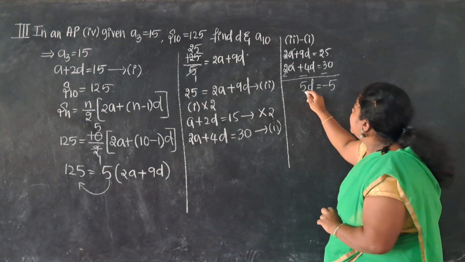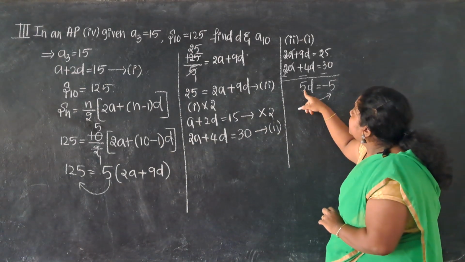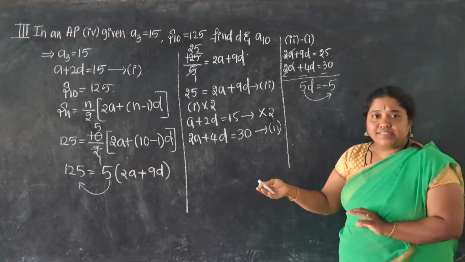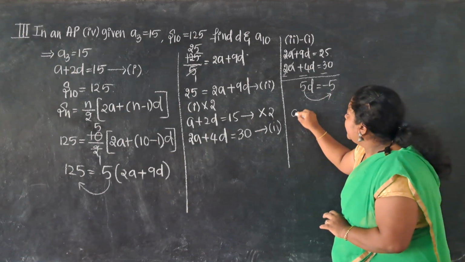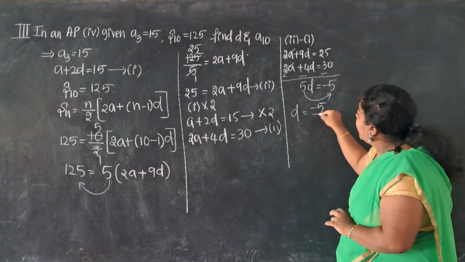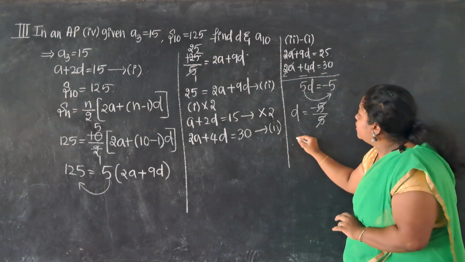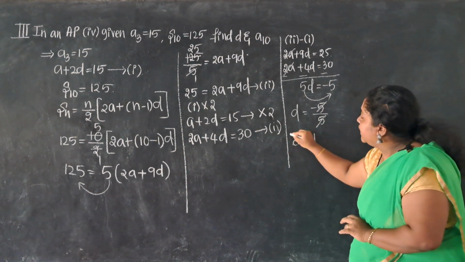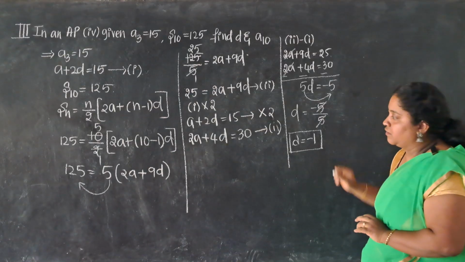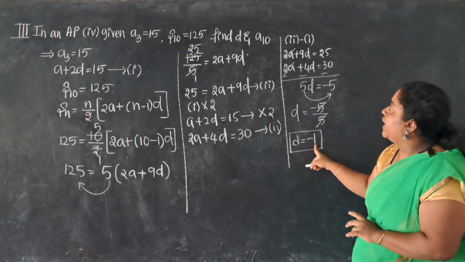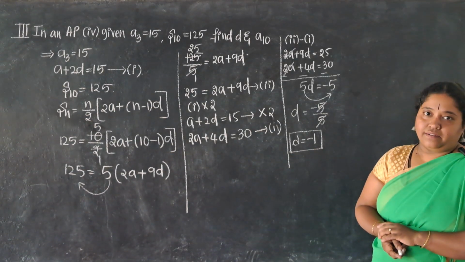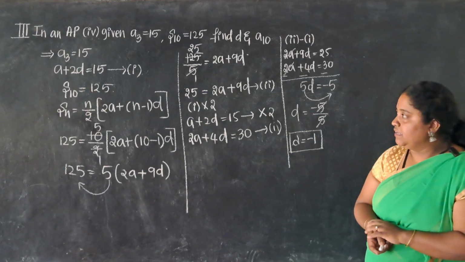Now, dear, I will send 5 to this side. Multiplied 5, when it goes to the other side, becomes division. So D is equal to minus 5 divided by 5. 5 got cancelled and I got the D value as minus 1. Any doubt? I hope it is clear.